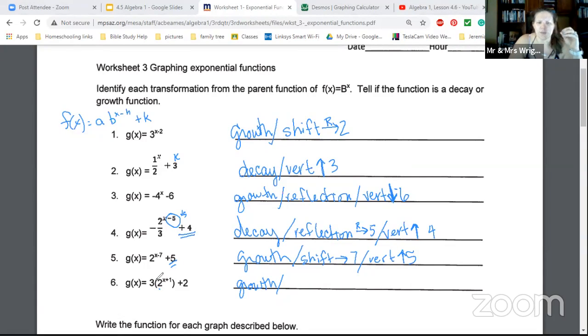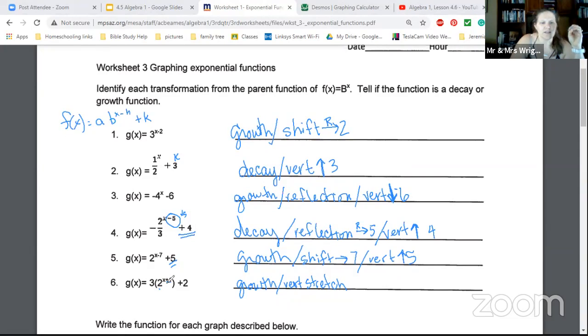Now, do you remember? Hopefully you do. A whole number, instead of a fraction, is going to be stretching or compressing? It's going to be stretching. So this is a vertical stretch, right? The 3, the multiplier, is going to give us a vertical stretch.